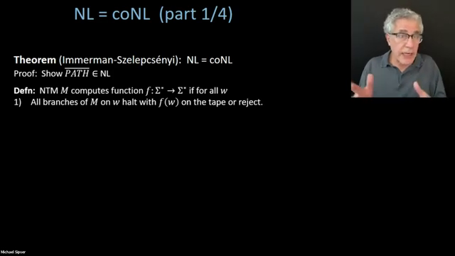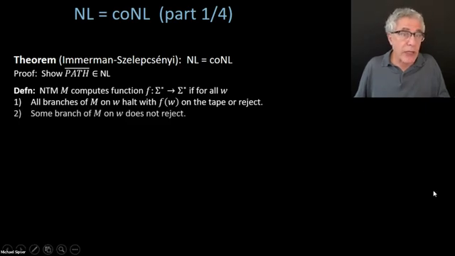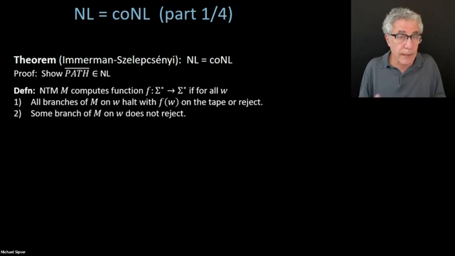Basically, they can reject and say, I don't know. So all branches must either report the correct answer, or say I don't know. And at least one branch must report the answer. And that's what it means to be computing a function with a non-deterministic machine.